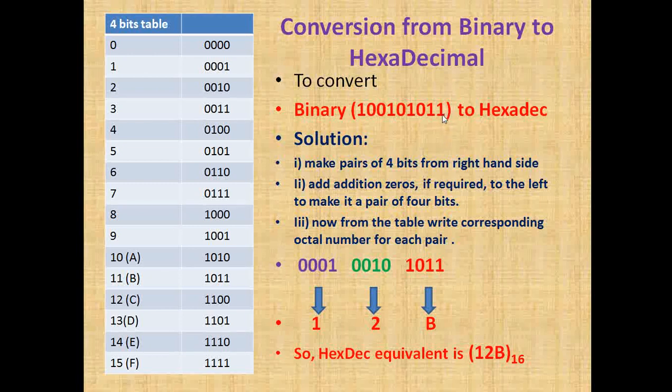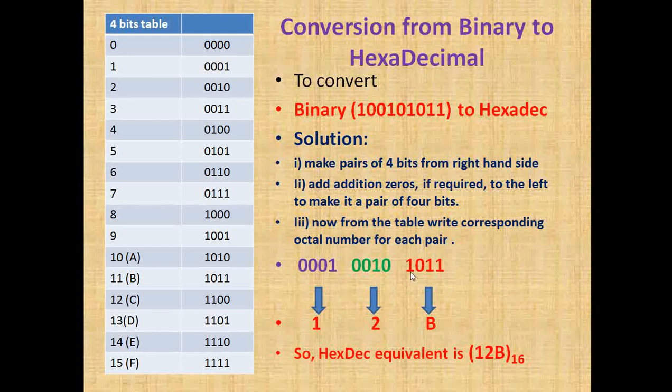So first of all, we will take these 4 digits, 1 0 1 1, then second group will be 0 0 1 0. Then we will be left with only one bit, that is 1, so we have to make it a group of 4 bits, so we need to add 3 more bits, that is zeros, before this single digit to make it a group of 4 bits.